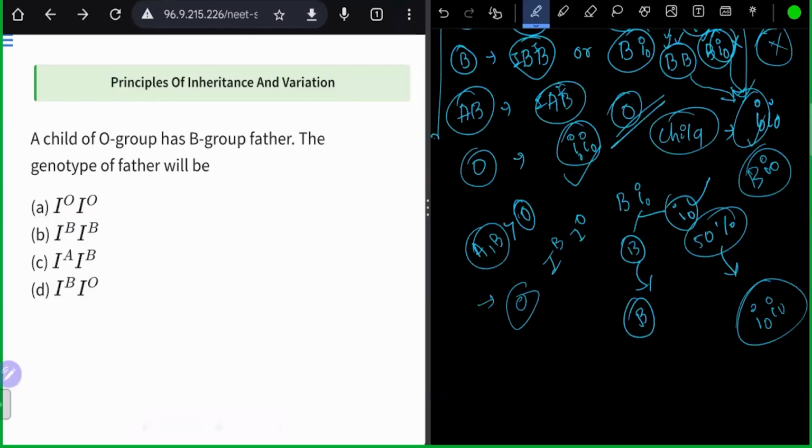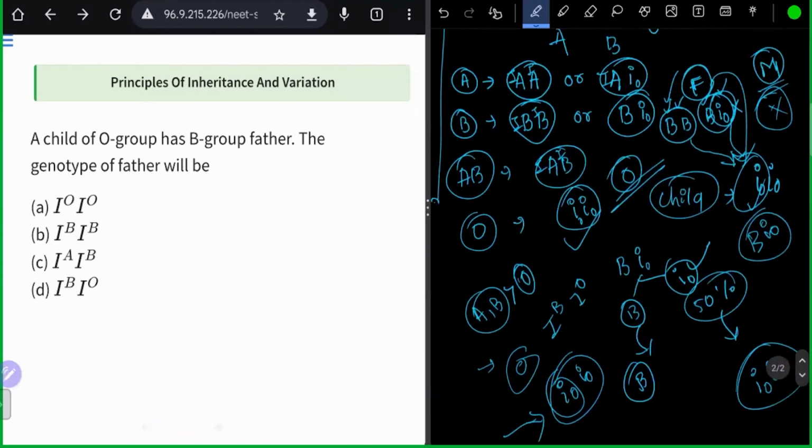But we know that from the two alleles, one the child will inherit from its father, and the other allele from his mother. Option C is IAIB, which leads to blood group AB, but the father blood group is B. So last option we have IBIO, which is a heterozygous condition for B blood group.